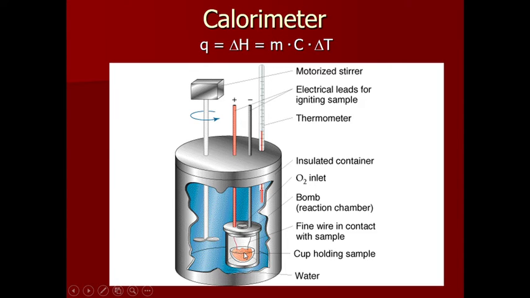We can determine the heat changes with the help of thermometer, and using this setup we can calculate heat, that is small q, the heat content of a system, equals the mass of the substance multiplied by specific heat C of the substance multiplied by the change in temperature. So you can determine the heat content in calorimeter by applying this relationship.